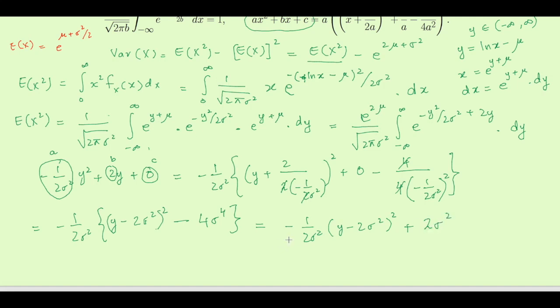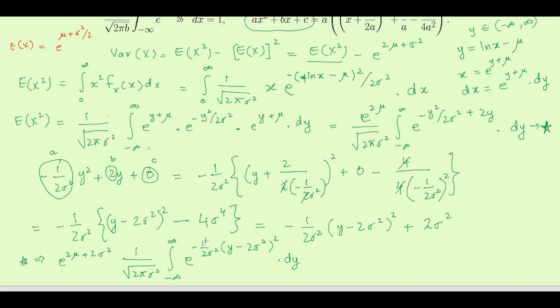Okay, so now going back to this guy here, this becomes e to the 2 mu, and then this 2 sigma squared, I can say plus 2 sigma squared, then 1 over root 2 pi sigma squared, integral from minus infinity to infinity of e to the minus 1 over 2 sigma squared, y minus 2 sigma squared, dy, right?